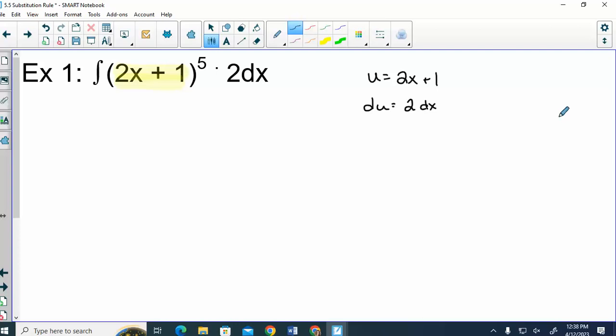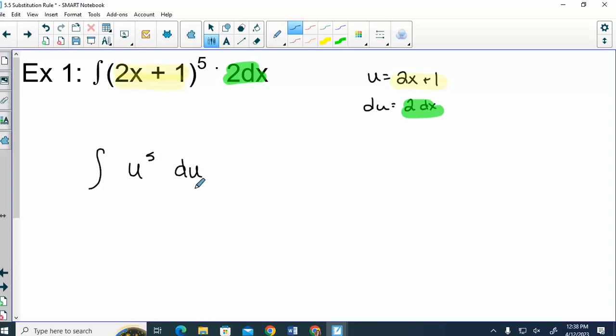And so now it might make a little more sense why I wrote the problem as I did to start with. We have the integral. 2x plus 1 is going to get switched to a u to the 5th power. And 2 dx, what is that equal to? du.